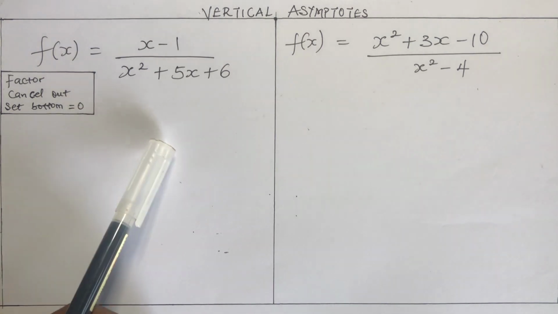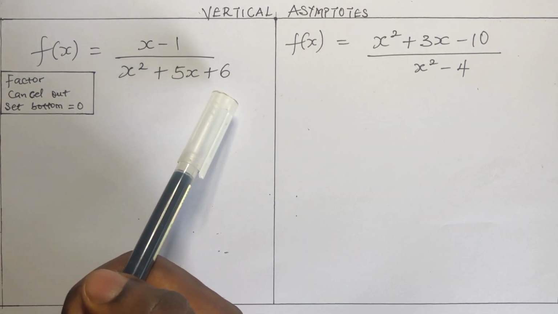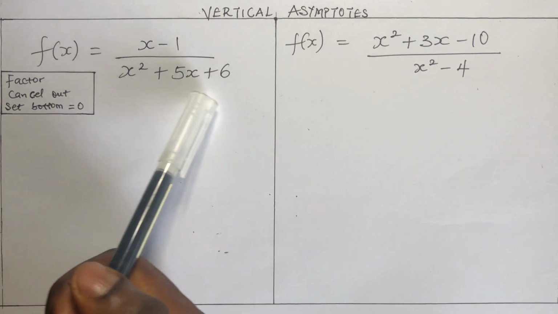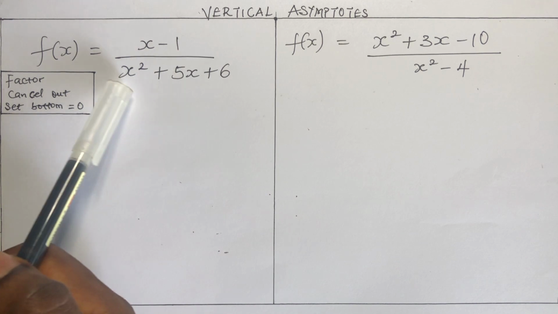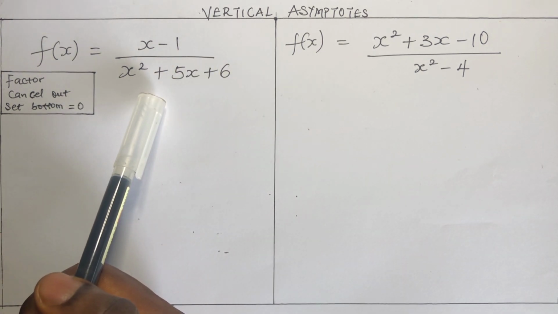And in this case, we have x squared plus 5x plus 6. We can see that we can factorize this quadratic expression in the denominator, right?